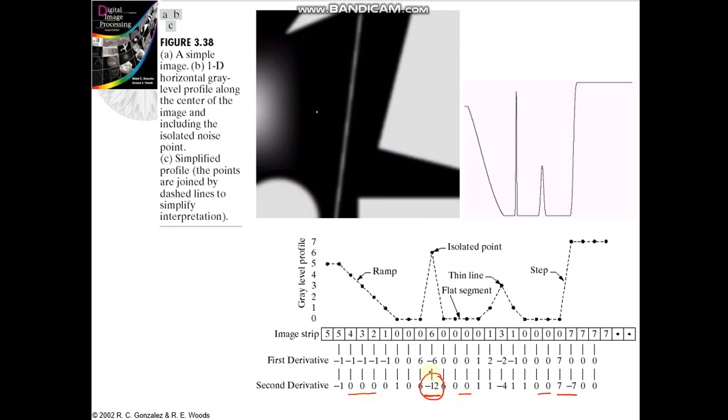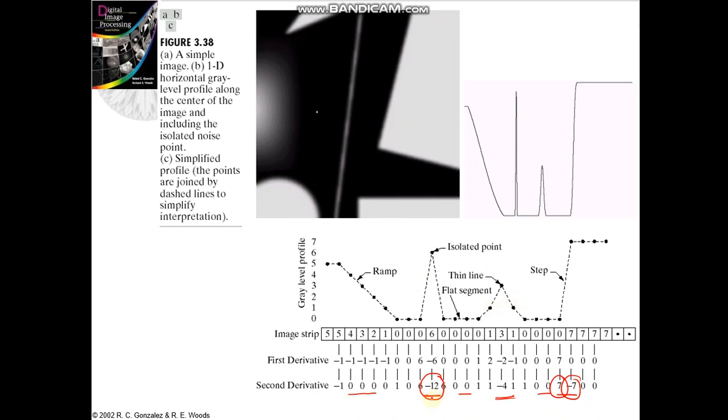But consider the case of this isolated point, a sudden spike, from 6 up or down to minus 12. Here also, in the case of a step, we have a sudden spike. So if we utilize the second order derivative, it is easy for us to find a spike, that is an edge. Only in edges do we have a sudden spike.